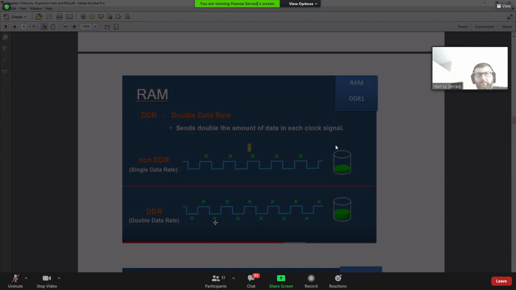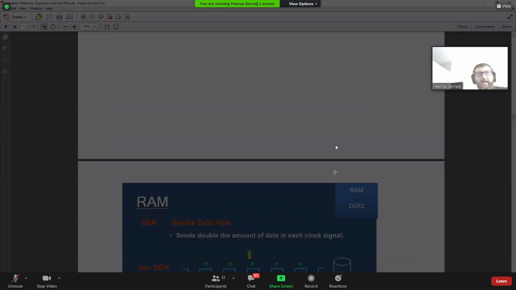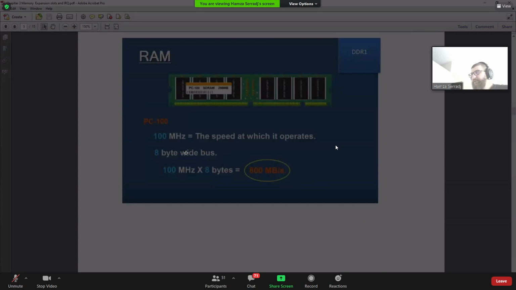One cycle, data, data. So I'm doubling it. If it was double data rate at 100, instead of 8 bytes I'm going to be able to transfer, in each cycle of this 100, 16 bytes in reality.